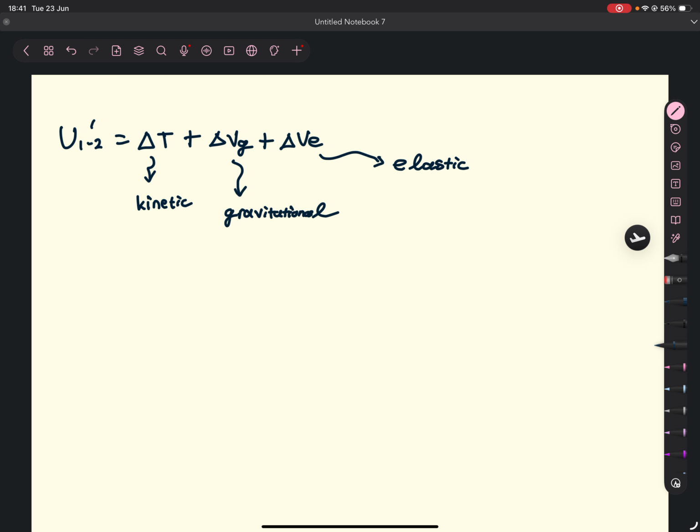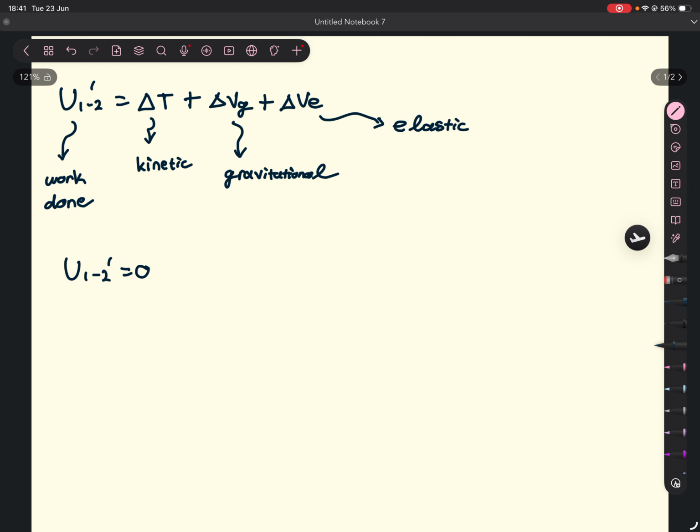And then over here we have the work done by any force onto the system, right? So if no work is done, then U12 prime will be equal to 0. However, if work is done, then it won't be equal to 0.